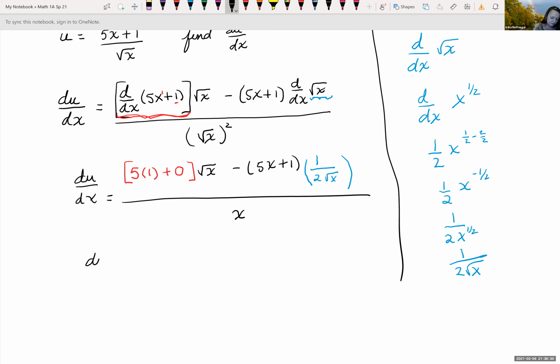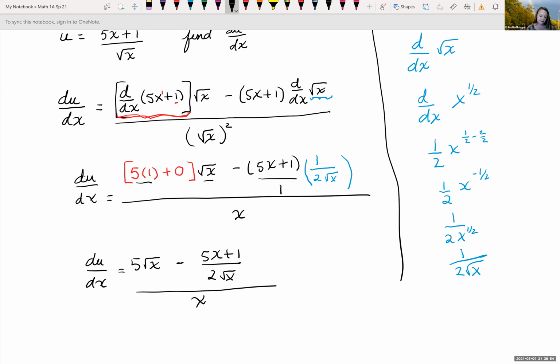So the derivative of u with respect to x, we have this 5 times square root of x. So this is equal to 5 square roots of x minus, well, think of this as 5x plus 1 in the numerator, all over 2 square roots of x, all divided by x.